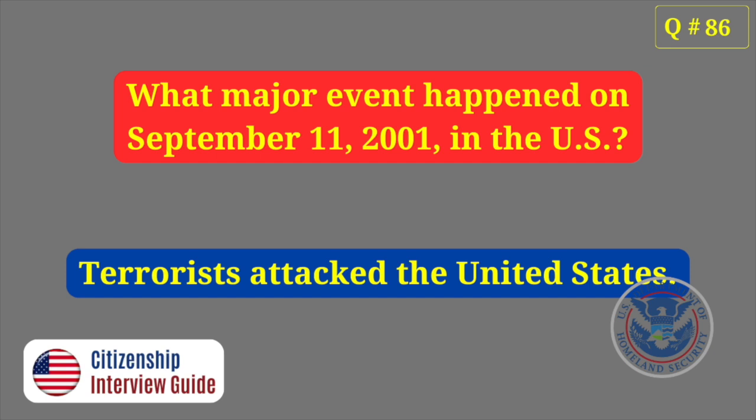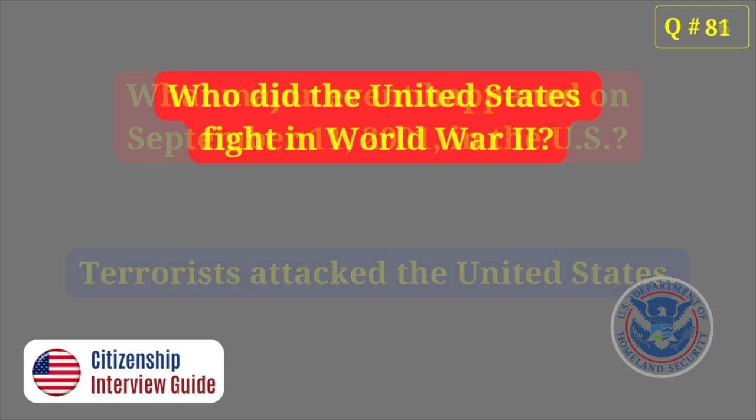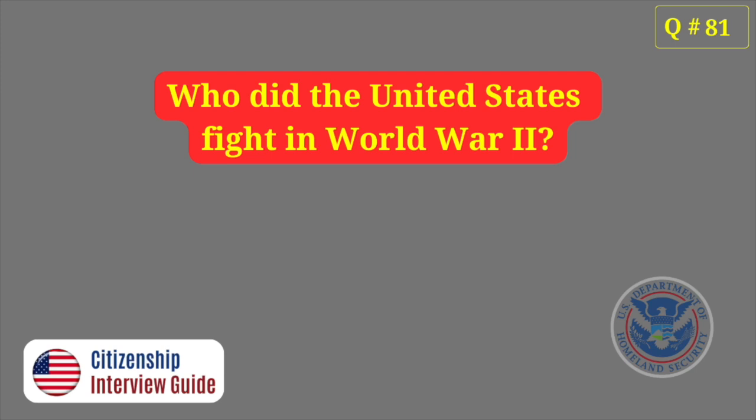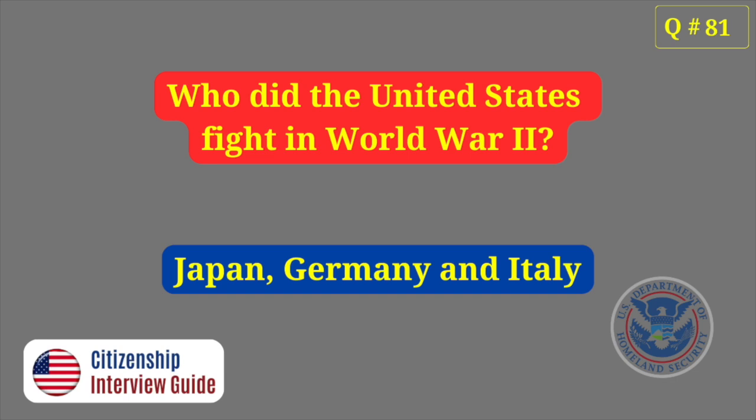Terrorists attacked the United States. Who did the United States fight in World War II? Japan, Germany, and Italy.